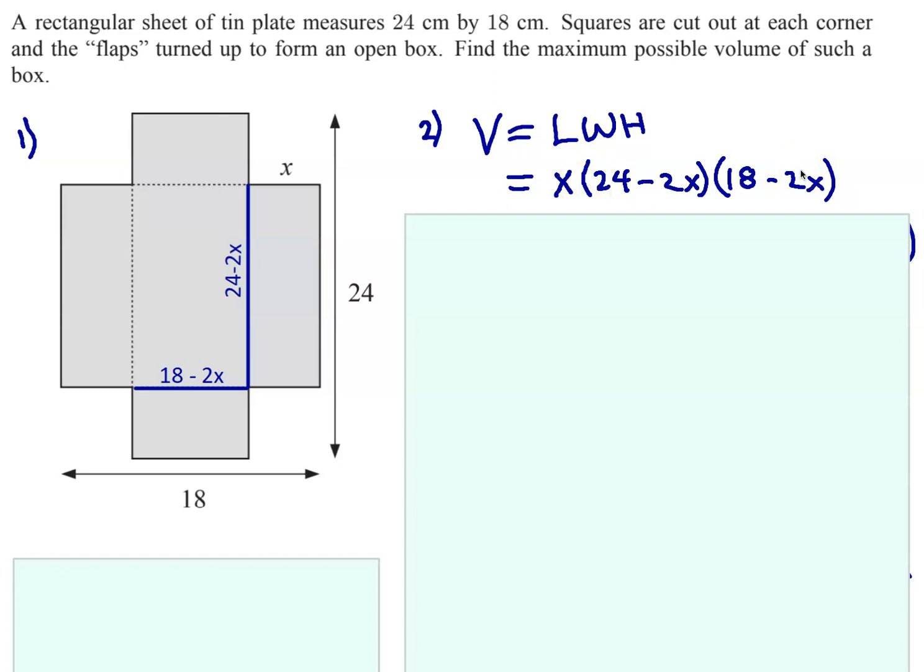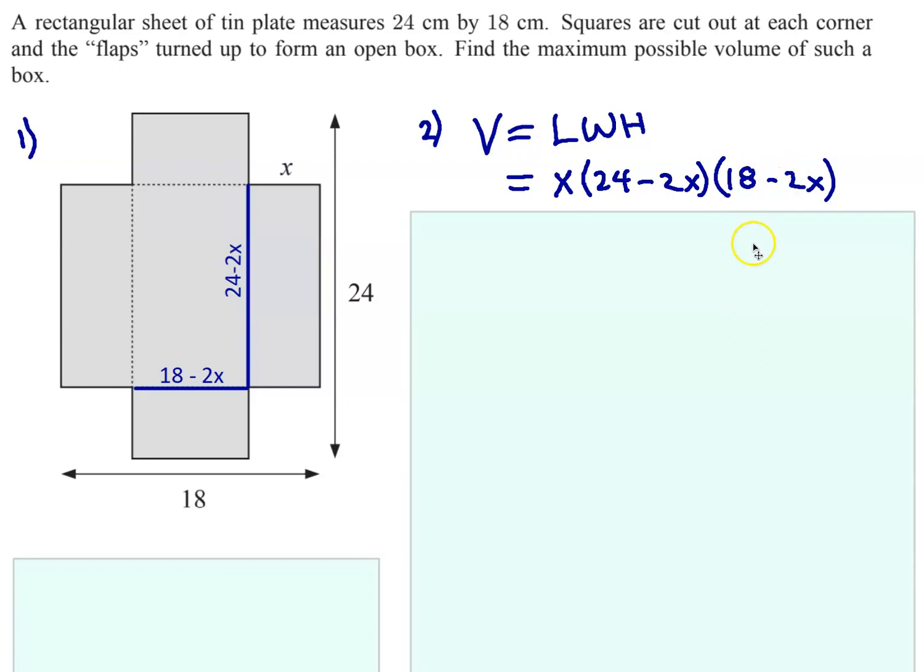Now we're going to have to find the derivative of this. If we left it in that form, we'd have to use the product rule, which doesn't sound all that nice. So just for a bit of practice, go ahead and expand that out completely. I want this written in expanded form.